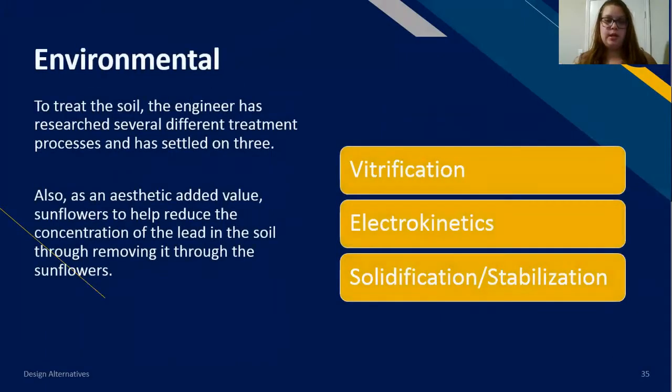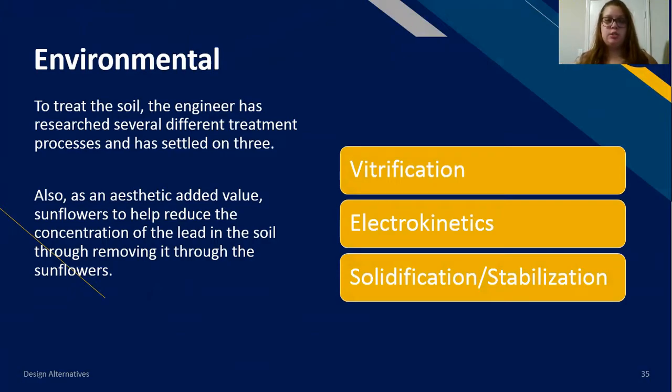For my designs, I looked into vitrification, electrokinetics, and solidification/stabilization. I also looked into sunflowers, which add aesthetic value, as well as they can remove lead through their roots. Vitrification is a thermal treatment.